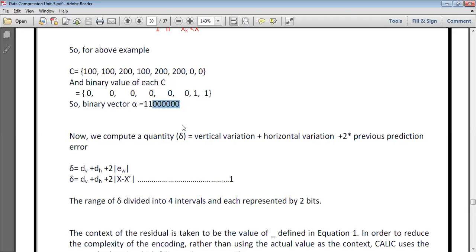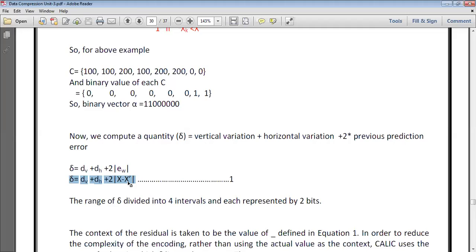The error is X minus X dash. So simplifying, the quantity sigma is equal to dV plus dH plus 2 times the mod value of X minus X dash.